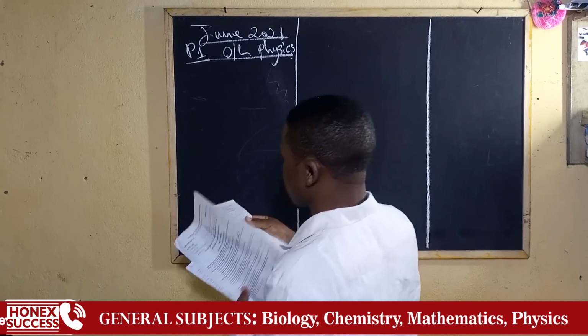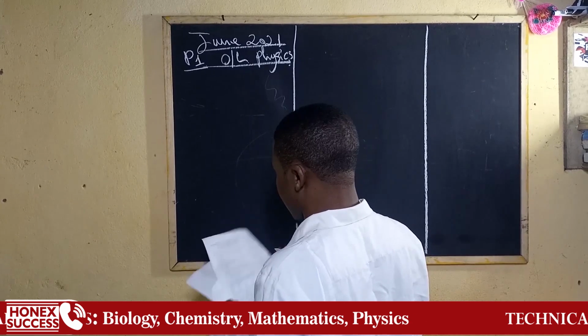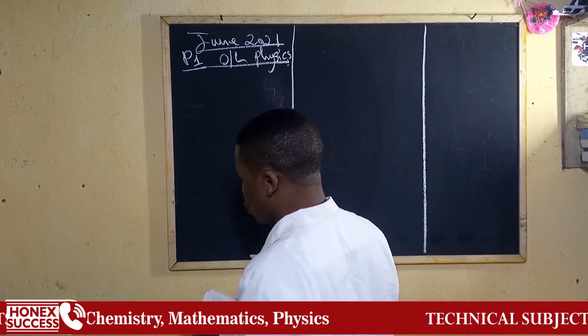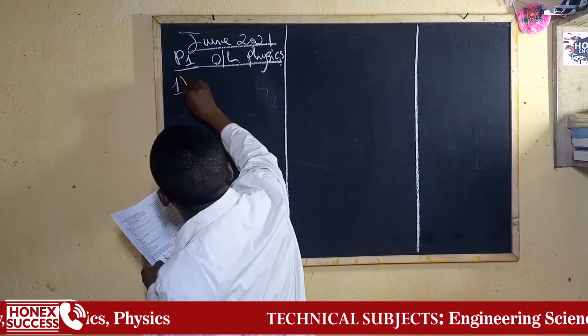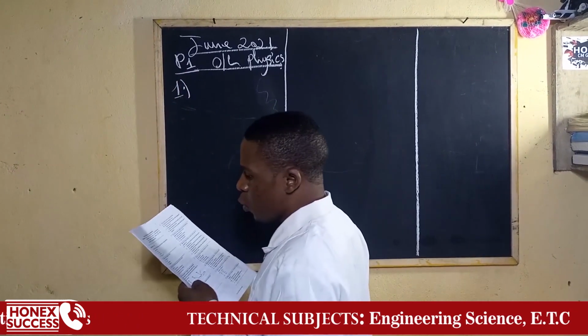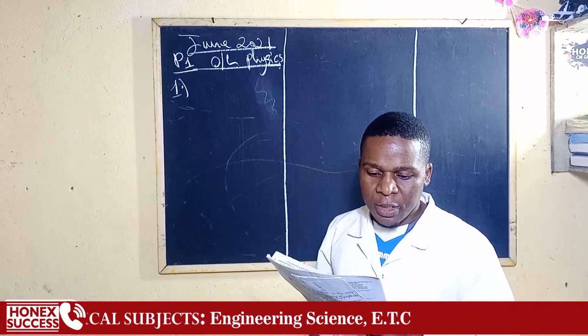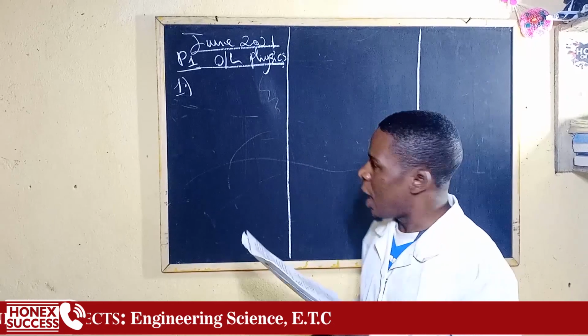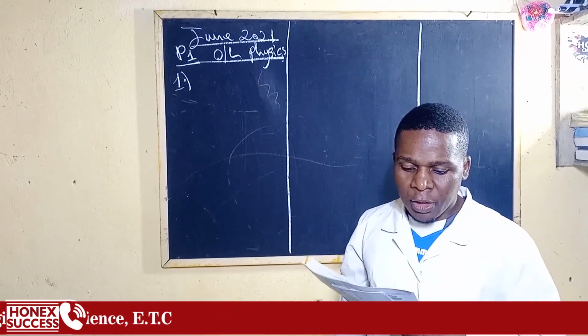So in June 2021, question number one was about which of the following values below represents momentum, and we were given 4 options.